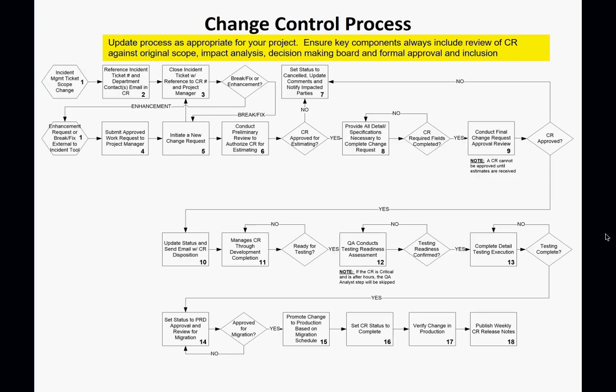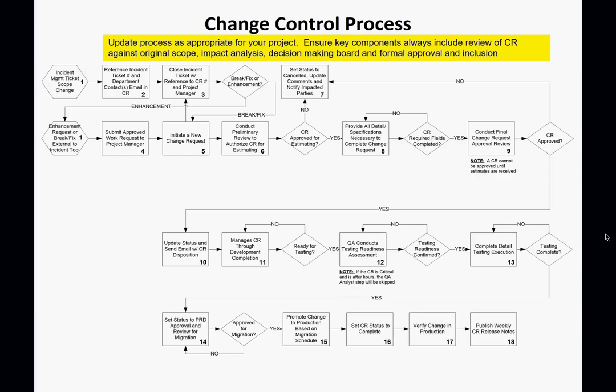Incident management ticket and scope change. So someone has raised a change request. Reference the incident ticket or department contact email in the CR. You'll be hearing me say CR; CR is a change request.